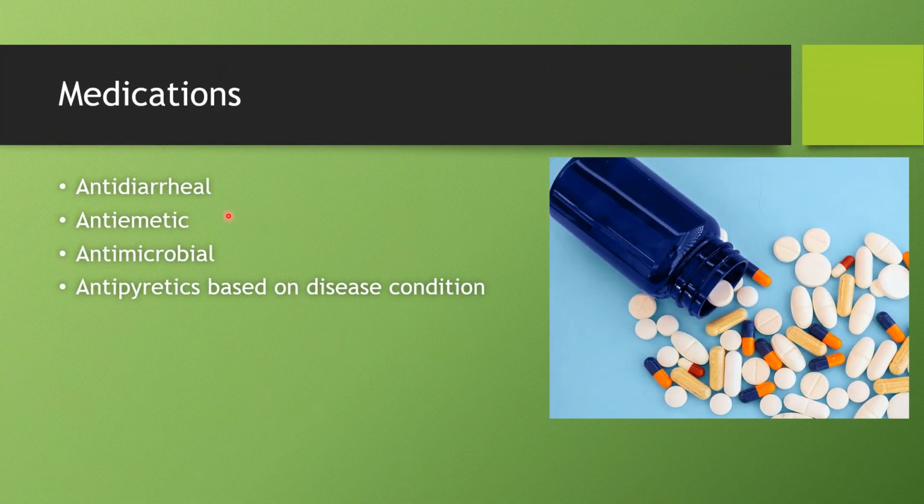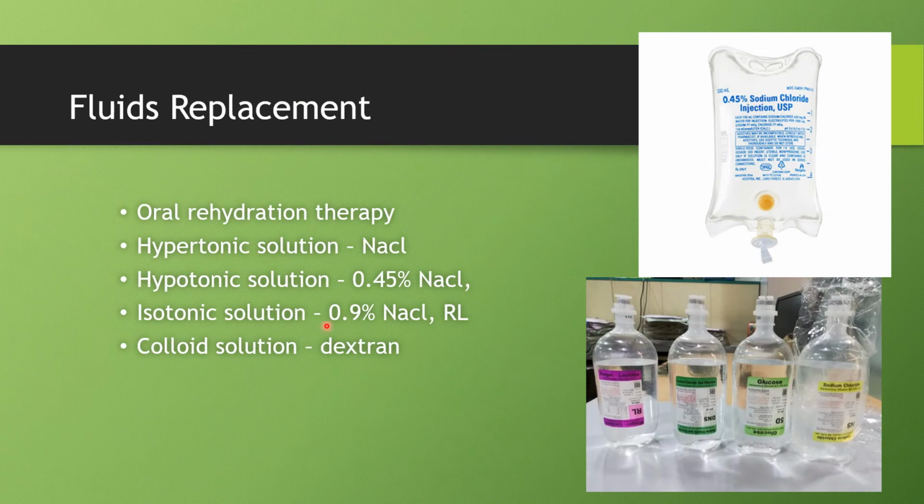Next one is medication. Suppose the patient is diagnosed with diarrhea. So we have to administer antidiarrheal drugs, antiemetic, antimicrobial, then antipyretic. Based on the disease condition, we have to administer the drugs. The next one is fluid replacement. What type of fluid? In the introduction video I explained about hypertonic solution, hypotonic solution, and isotonic solution.